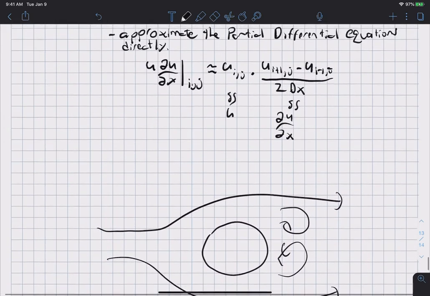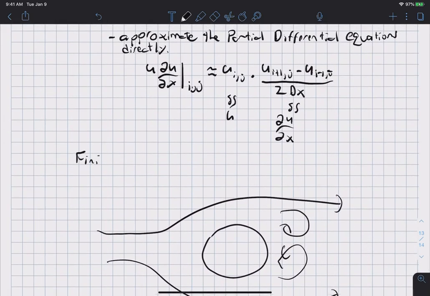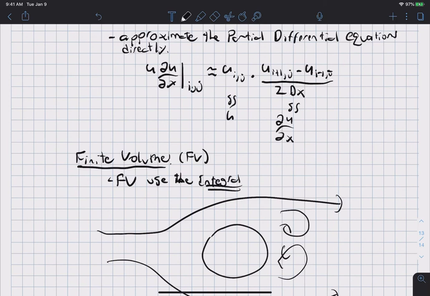Okay, and now the main difference between finite volume and finite difference is that finite volume, and I'll just call this FV, uses the integral form of the conservation laws.